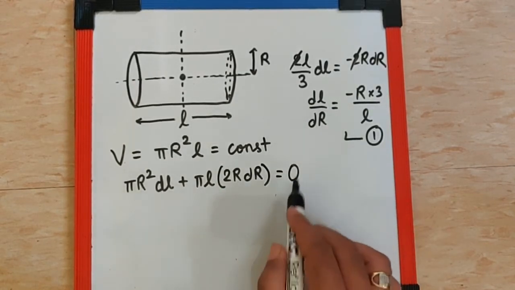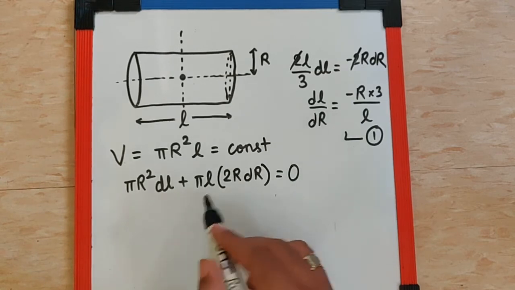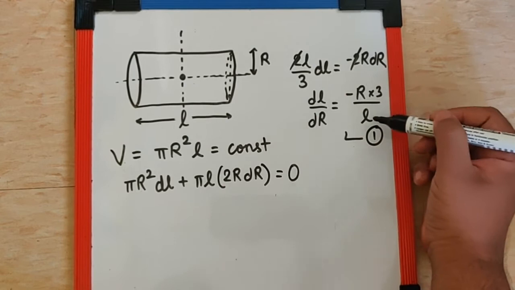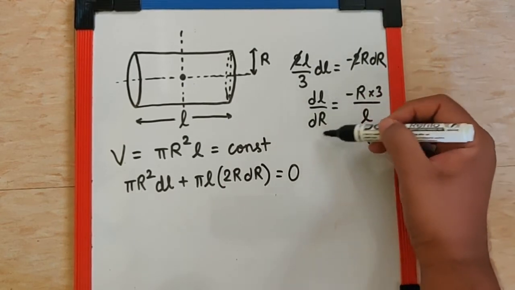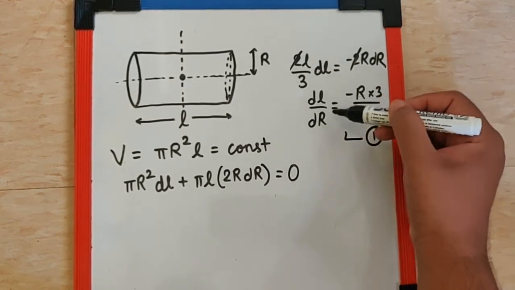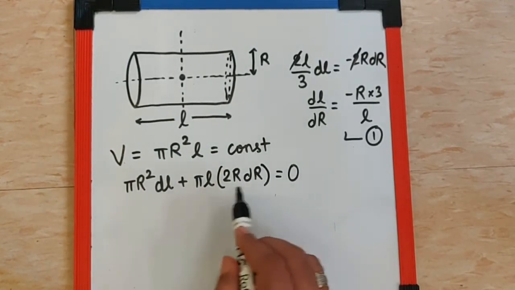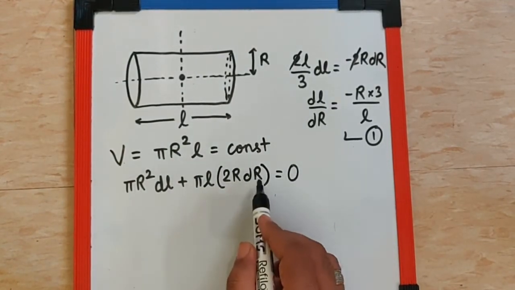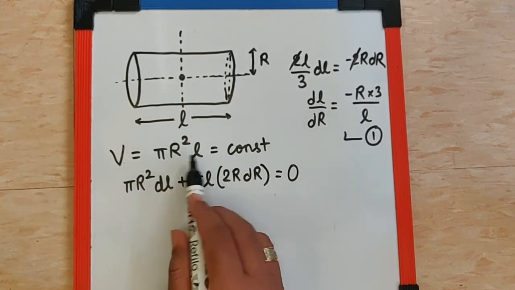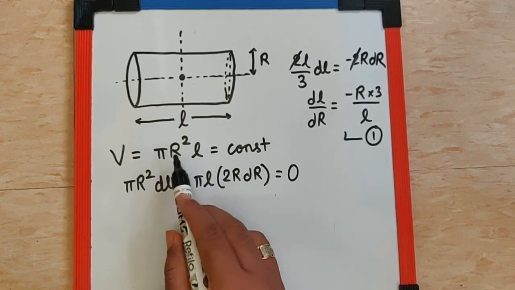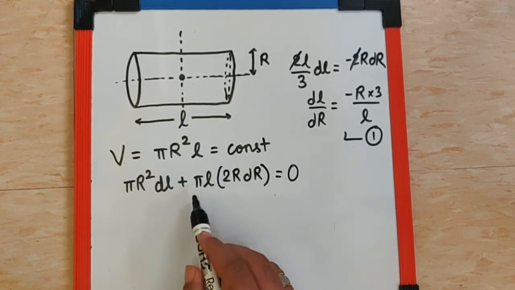Now why are we doing this is because we want the answer for L by R. So L by R is present over here, but there is an unknown dL by dR which we need to find. For that we are using this again with the partial derivative to get an expression for dL by dR. So I have applied the uv rule over here: u derivative of v plus v derivative of u, where pi being a constant remains as it is.